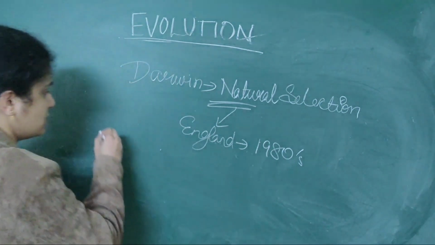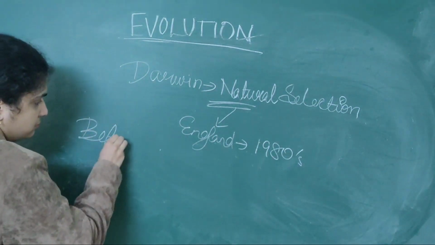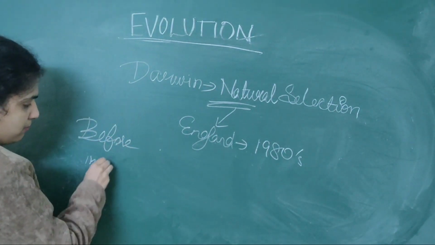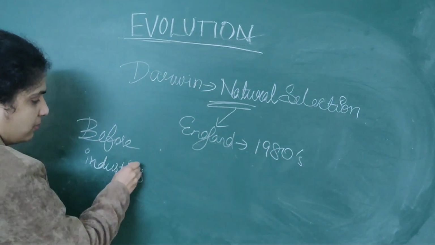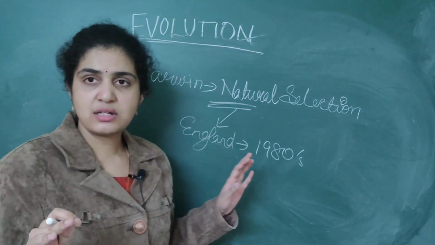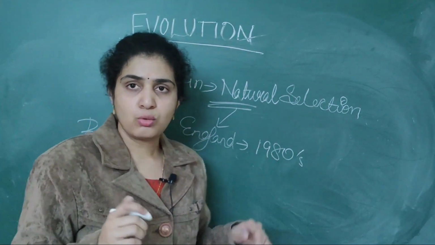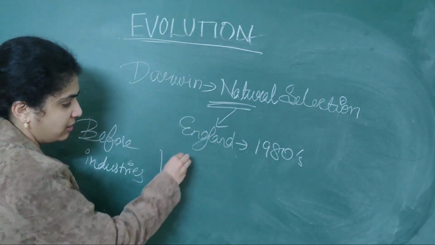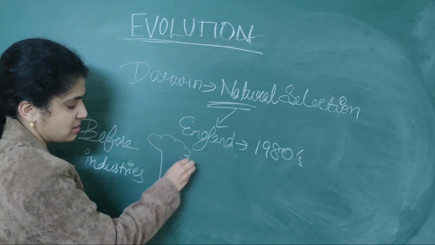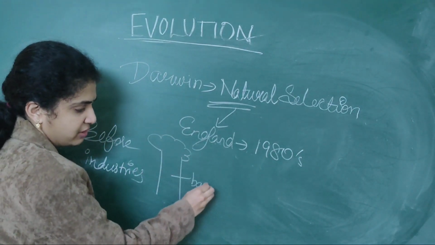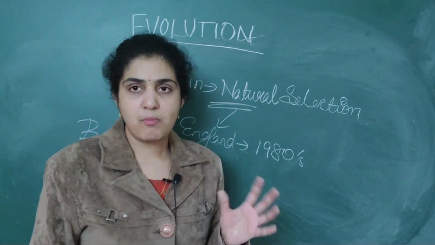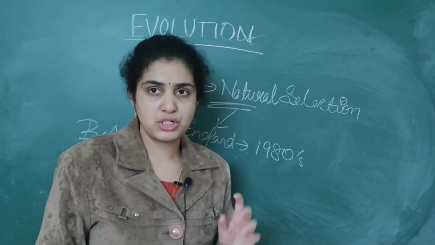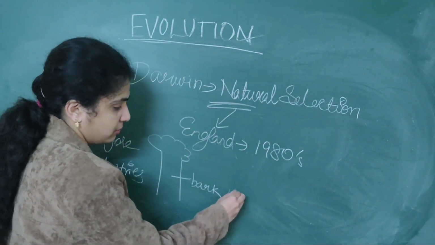Before industrialization means there were no industries in one area. So the bark of the trees, suppose imagine this is a tree. The bark of the tree is usually somewhat whitish, maroonish in color. White or maroon.